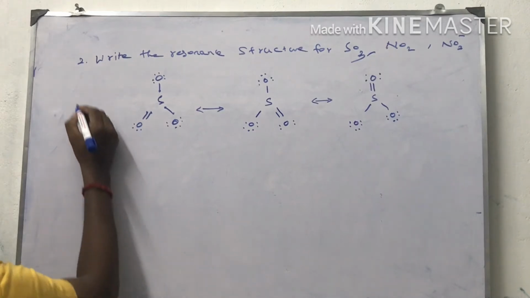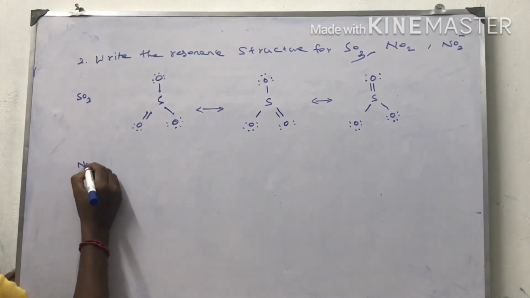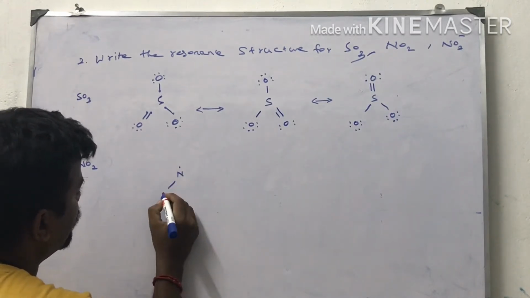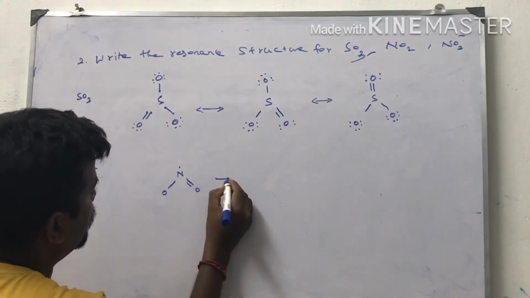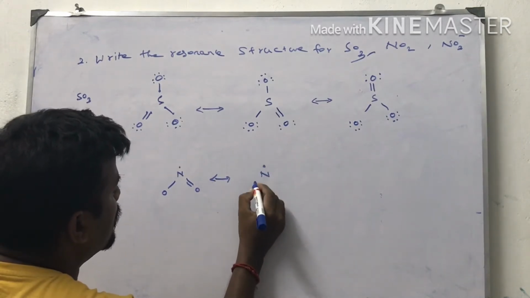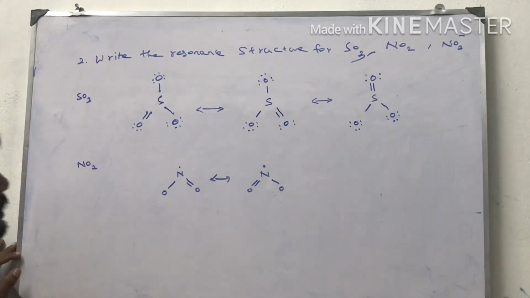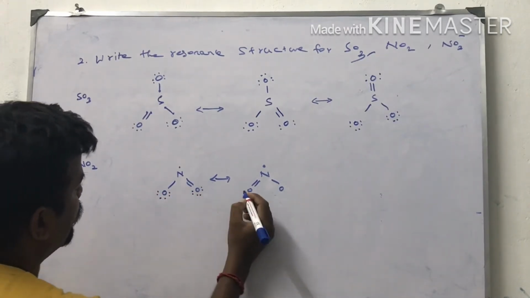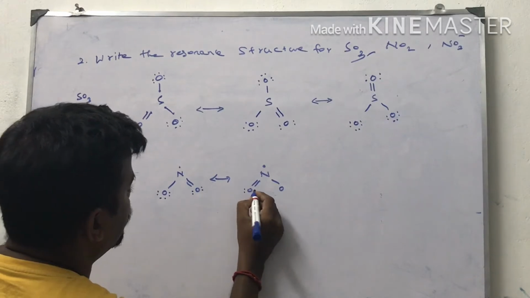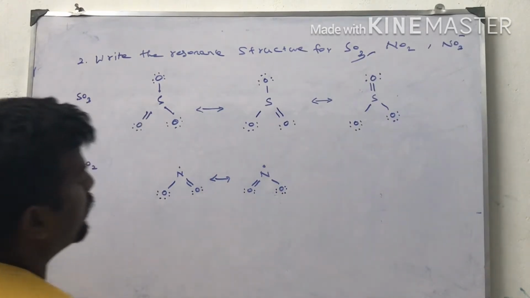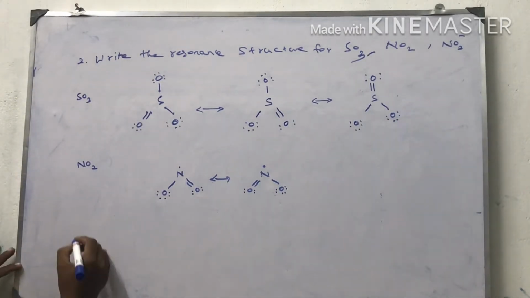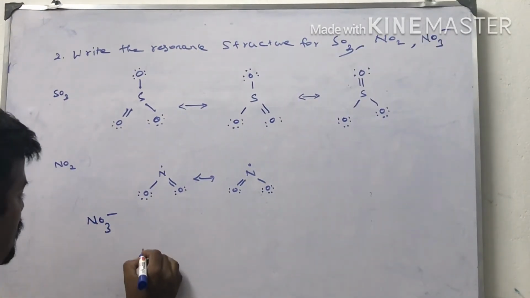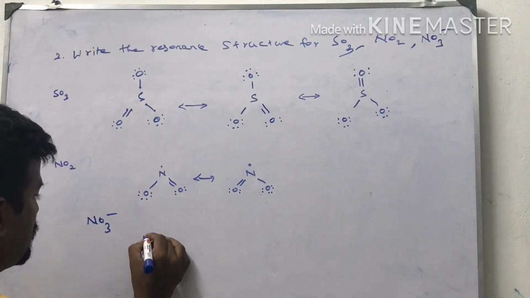Next NO2, nitrogen dioxide. This is one structure. One more structure is this one. This is the resonance structure for NO2. Next one is NO3 minus.